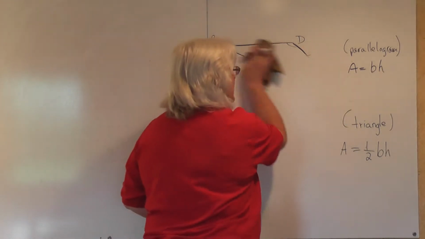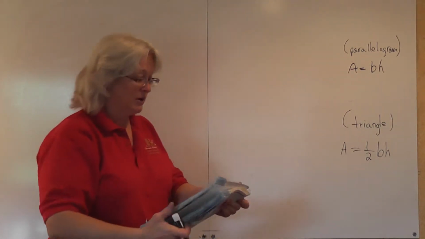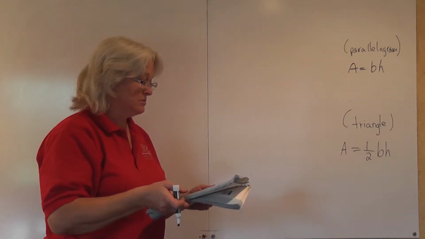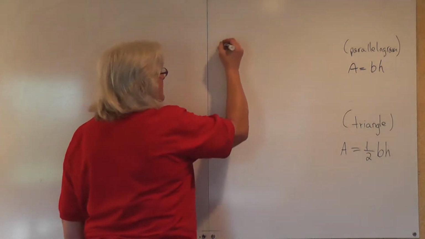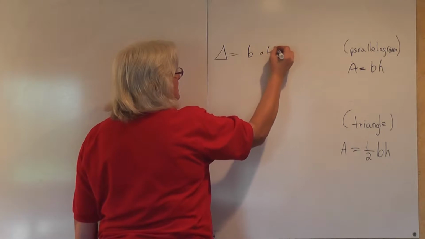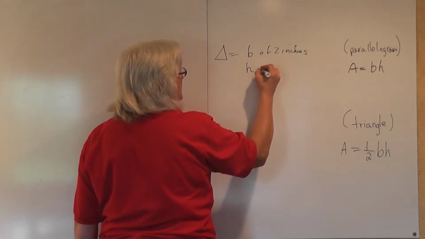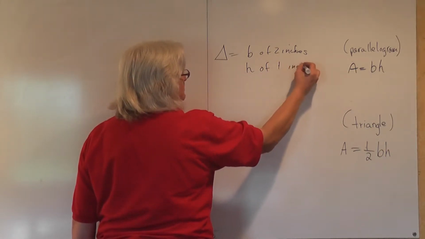Now, let's go ahead and see how we work this out in real life to find the area of a triangle. Let's just do an easy one. I'm just going to say we have a triangle that has a base of 2 inches and a height of 1 inch.